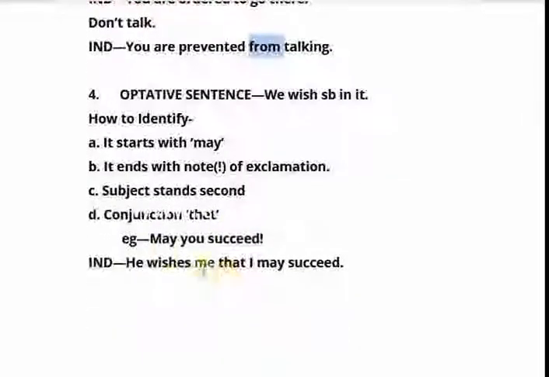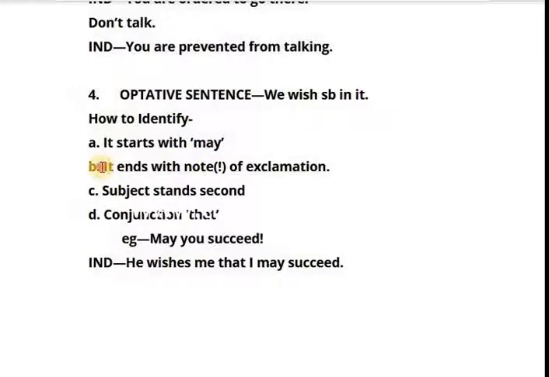Here is the fourth one, the optative sentence. In this sentence we wish somebody something. We all the time wish in this. And how to identify it? The first identifier is it starts with may.